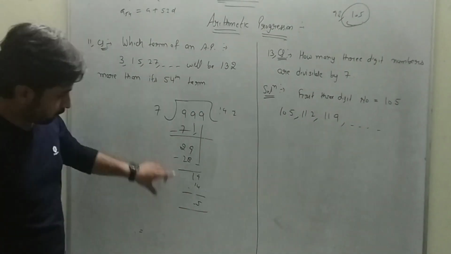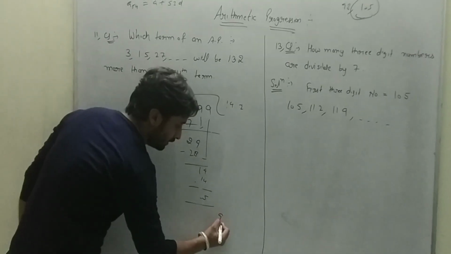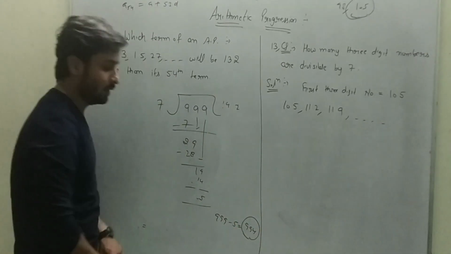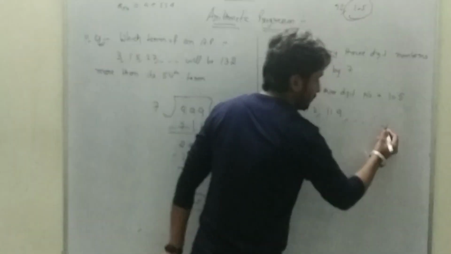Now we have to subtract this remainder from 999. This will be 999 minus 5, which is 994. This will be the greatest 3-digit number divisible by 7. This will be the last term of this AP.